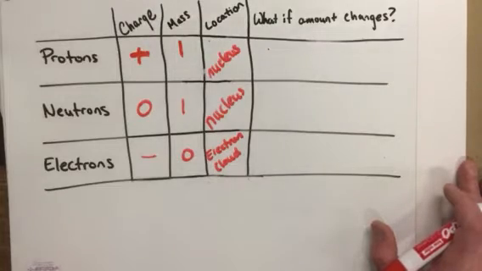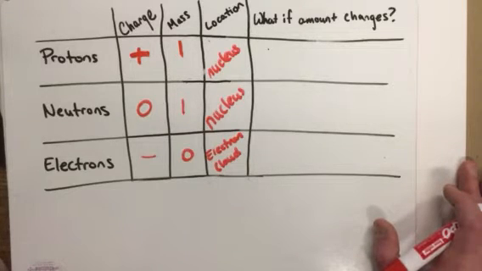So if I change the number of protons, well, elements are actually named by how many protons they have. So any atom is carbon if it has 6 protons. If you find an atom and it has 27 protons, that is cobalt. That is what it is.